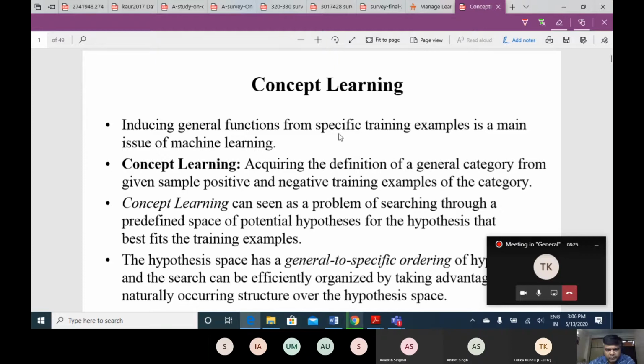In concept learning, we try to define a particular concept based on values of particular features of a considered scenario. For example, we want to identify or define which are birds and which are animals out of a set of living beings.